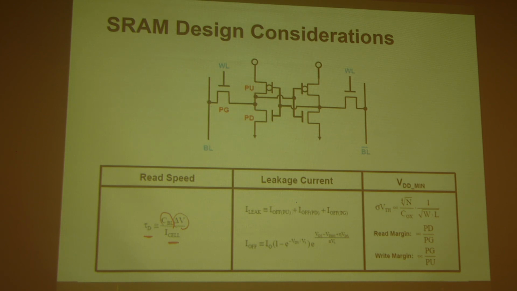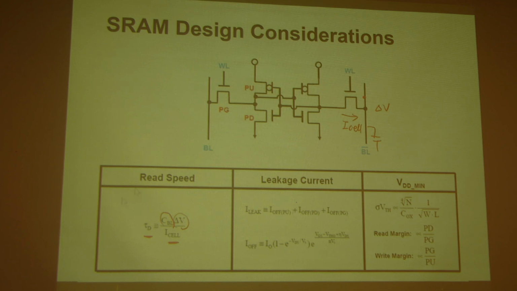So let's say the delay is determined by the parasitic cap of your bit line or bit line bar, multiplied by the delta V, the voltage change on the bit line or bit line bar, and divided by the current through the pass gate.